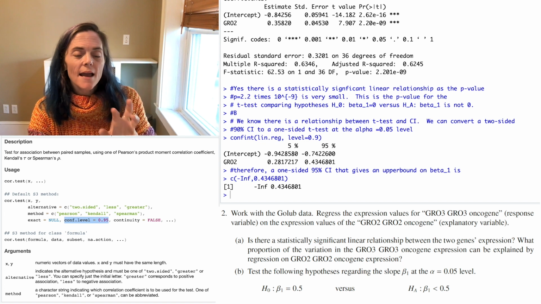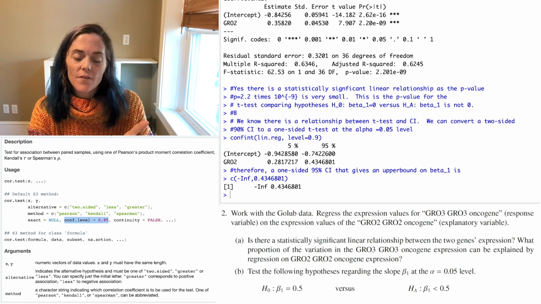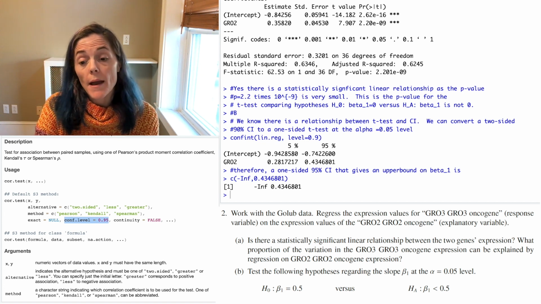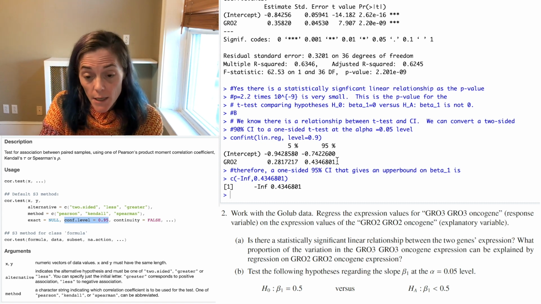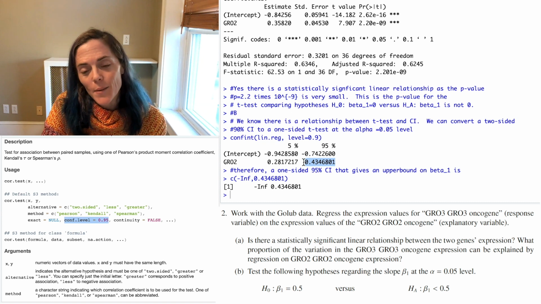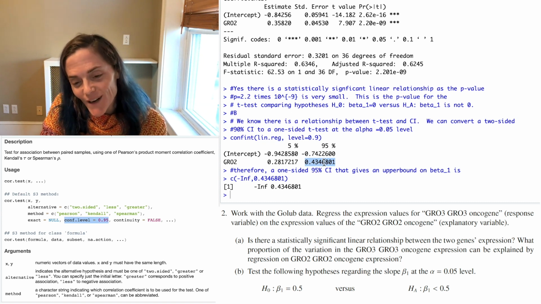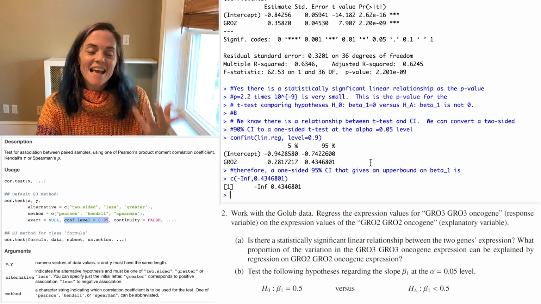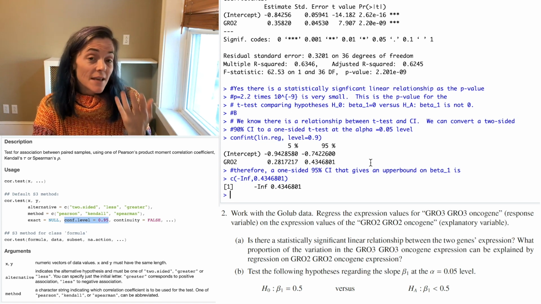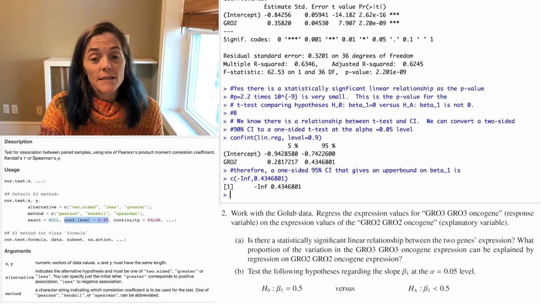Therefore, a one-sided 95% confidence interval that gives an upper bound on beta 1 would be here, minus infinity to this number, 0.4346801. Okay, the next observation is that a half is not in this confidence interval.